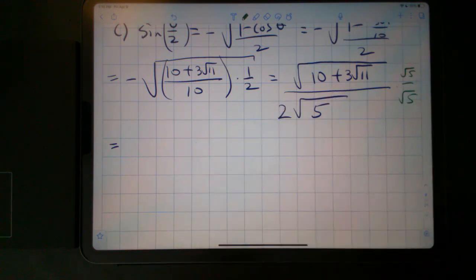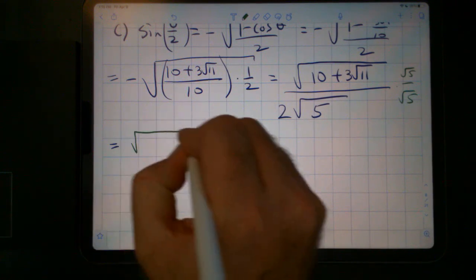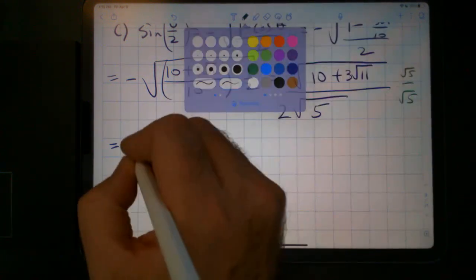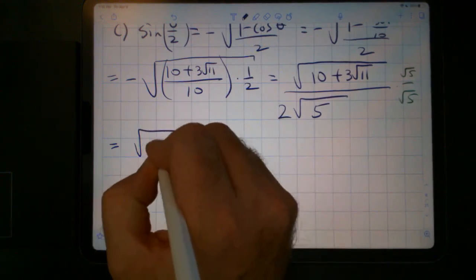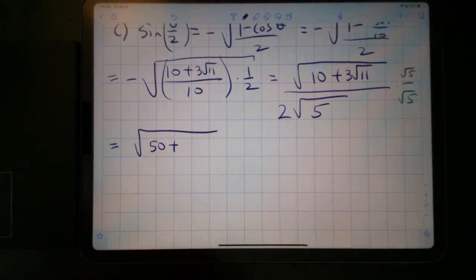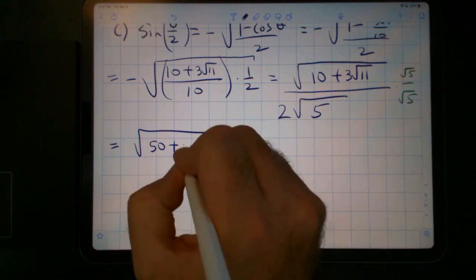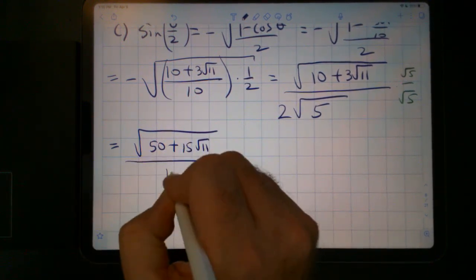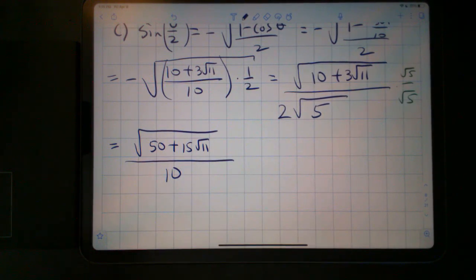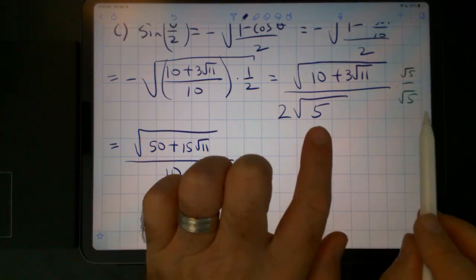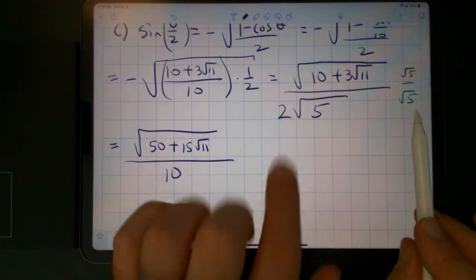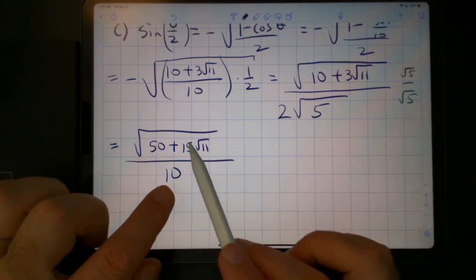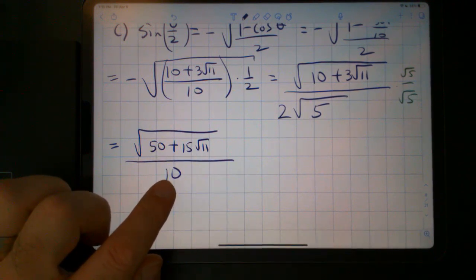And so this is the same thing as the square root of 50 plus 15 radical 11, and in the denominator we will have a 10. Radical 5 times radical 5 is 5. 5 times 2 is 10. Even though you have a 5 and a 5 and a 5, this cannot be simplified.